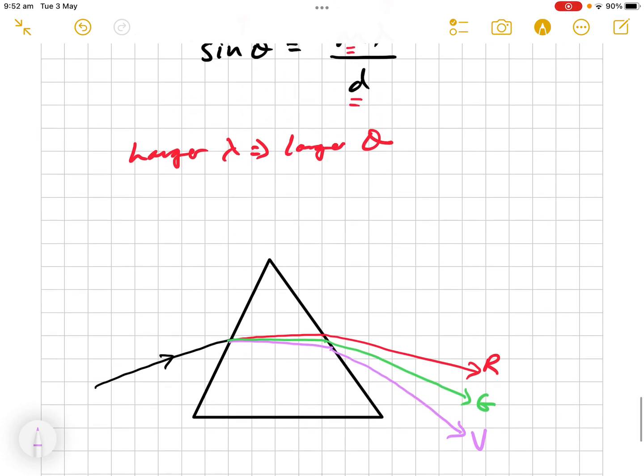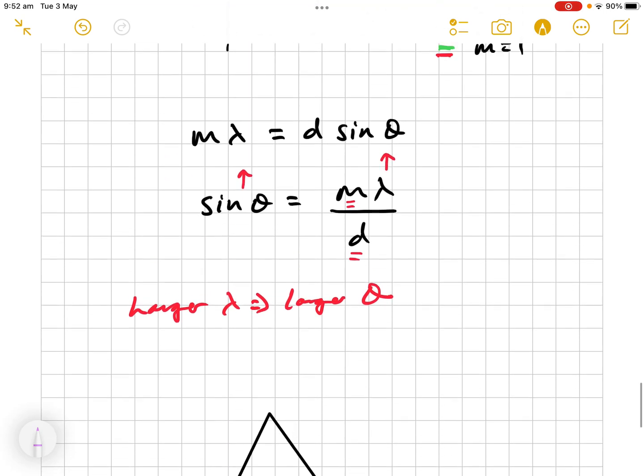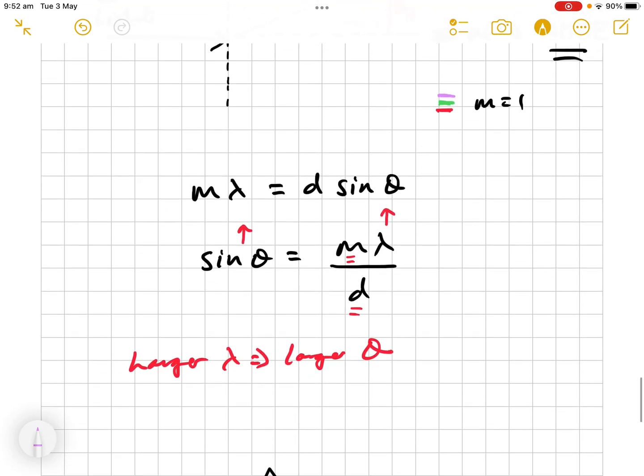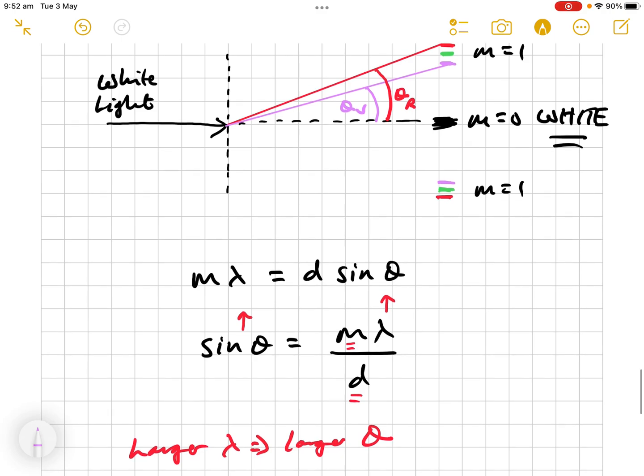So, whilst the long wavelength of red is refracted least, that longer wavelength of red is diffracted most.